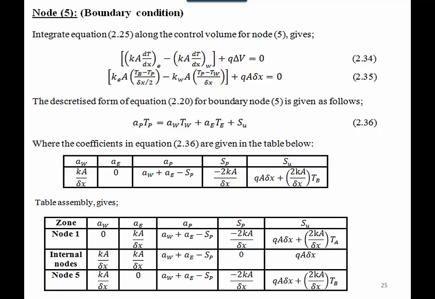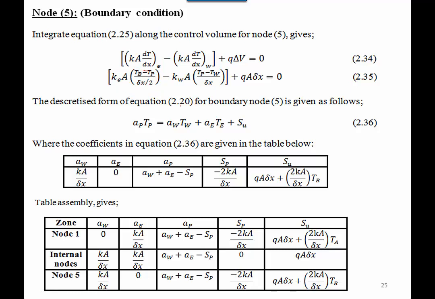Therefore, SU in this table will be equal to this term and this term, which equals this with q A delta x, and SP will be equal to the negative of this one multiplied by TP.